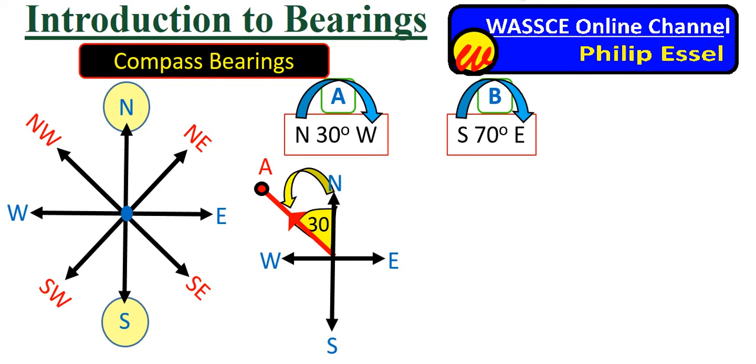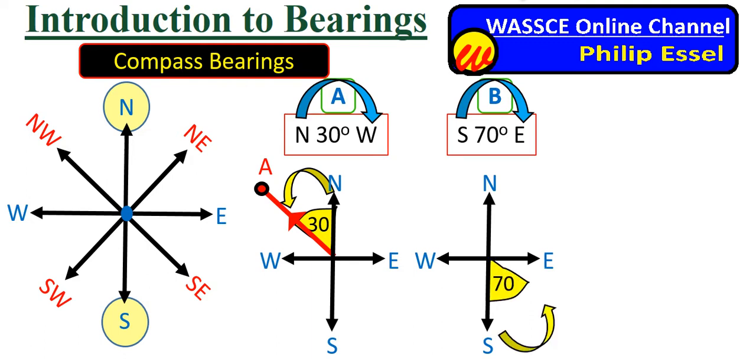We will first draw our cardinal points. We would then move 70 degrees from the south towards the east. B will be located at this position.